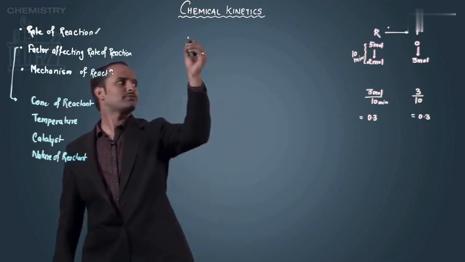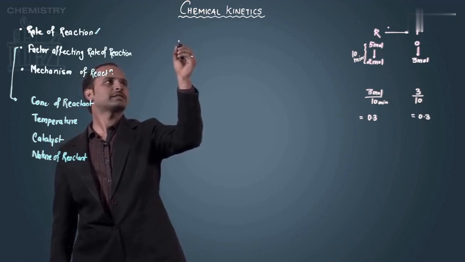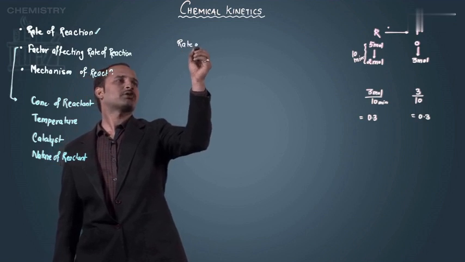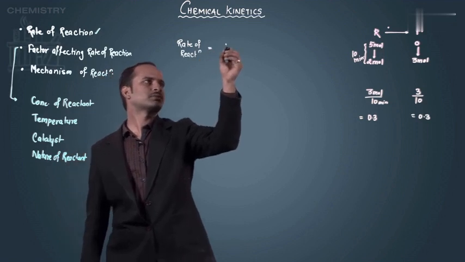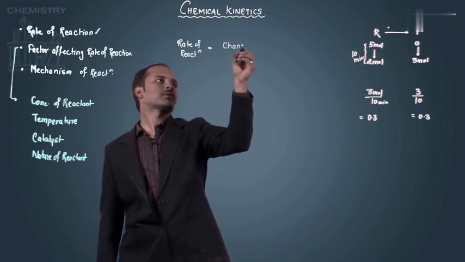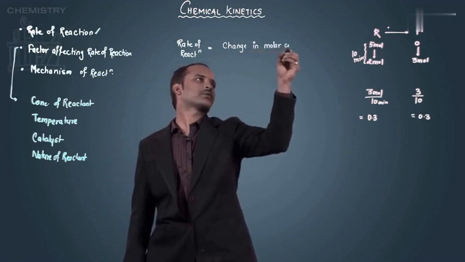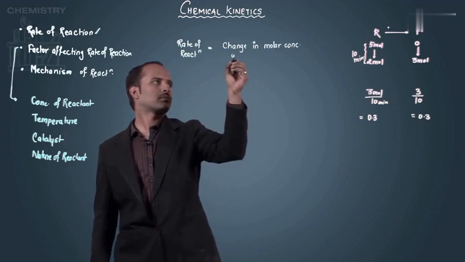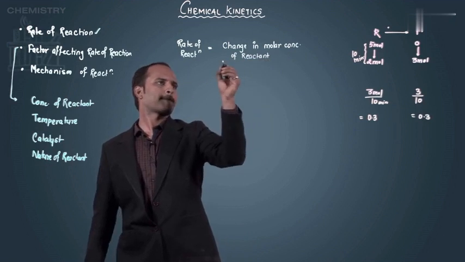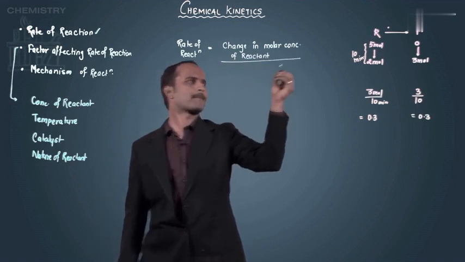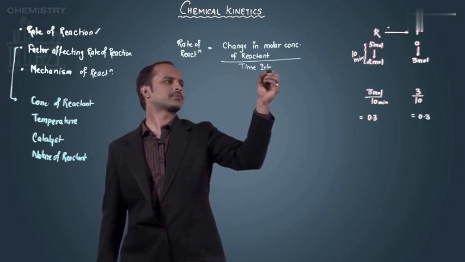So for rate of reaction, the formula is: rate is equal to rate of reaction, or simply we just write rate. So rate of reaction is equal to change in molar concentration of reactant upon time interval, or change in time I can say.